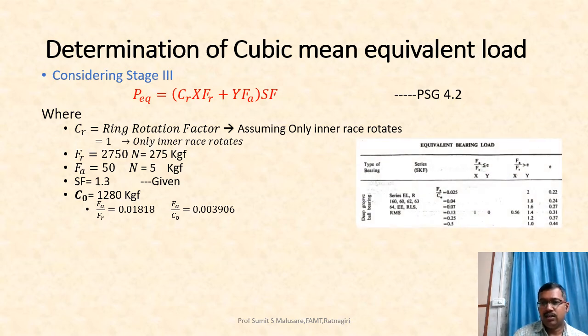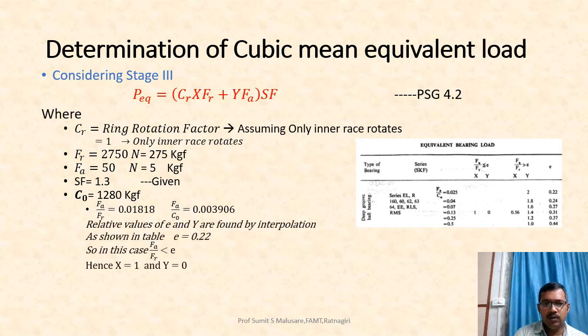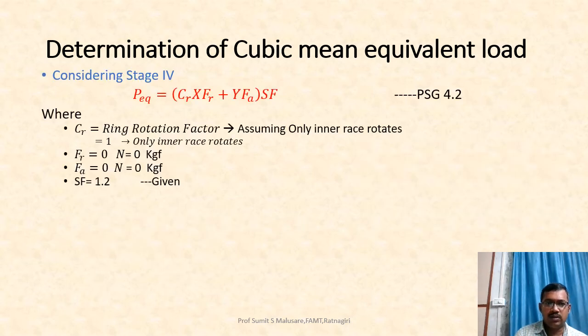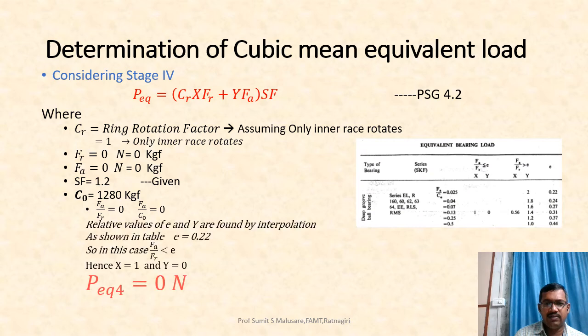It means that for this, don't go for interpolation. Assume the value of E as the least value, 0.22. So FA by FR is less than the value of E, once again X is equal to 1, Y is equal to 0. So P equivalent 3 comes out to be 3575 newtons. And in the fourth case, both the forces are 0. It means that finally we get P equivalent 4 equal to 0.